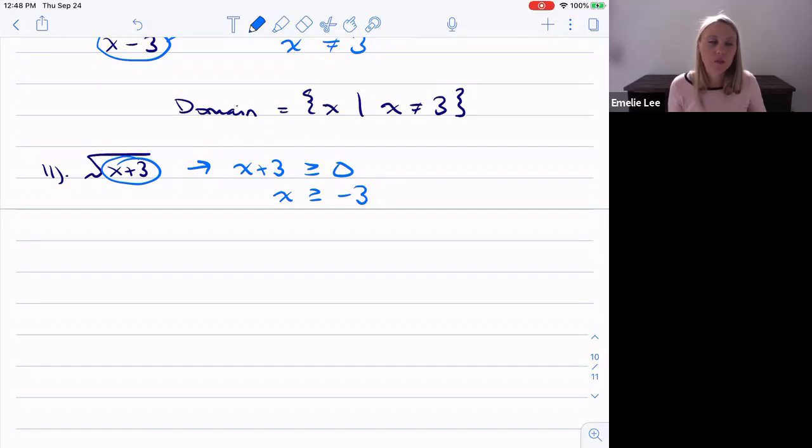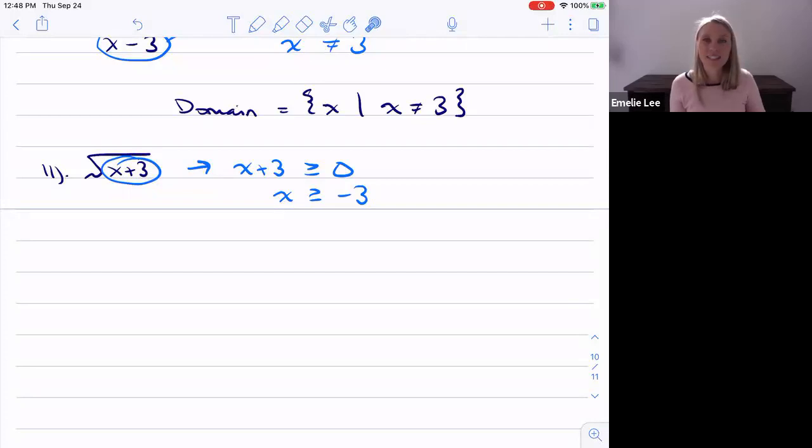Then I get 0 plus 3. If I do negative 4, right? If I let x be negative 4, what I should get is illegal math here. So negative 4 plus 3 is negative 1, and the square root of negative 1 is illegal math, so I'm not allowed to do that.